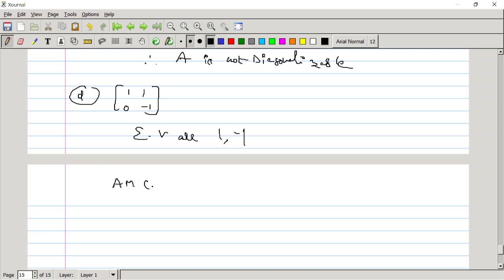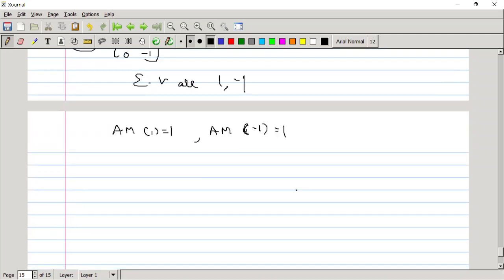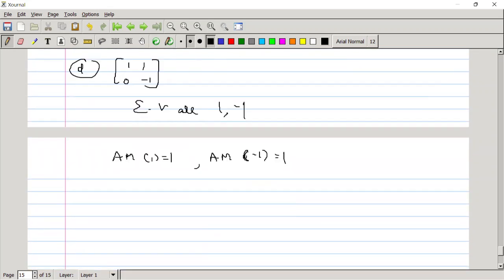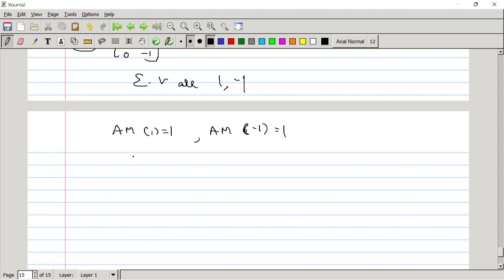Algebraic multiplicity of 1 is equal to 1. Algebraic multiplicity of minus 1 is also 1. For geometric multiplicity, we can check this in two ways. Firstly, let me calculate in the similar way how we did for the remaining options. Then I will explain the other way also.